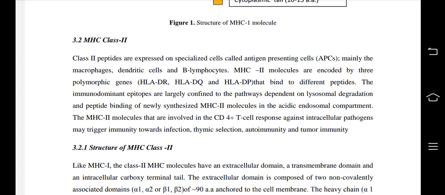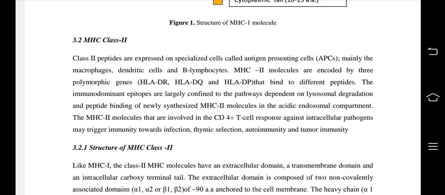Class 2 peptides are expressed on specialized cells called antigen-presenting cells, mainly the macrophages, dendritic cells, and B lymphocytes. MHC2 molecules are encoded by 3 polymorphic genes: HLA-DR, HLA-DQ, and HLA-DP, that bind to different peptides.